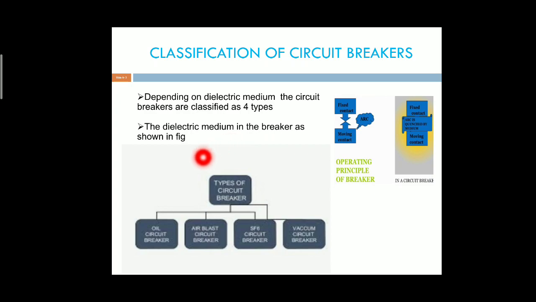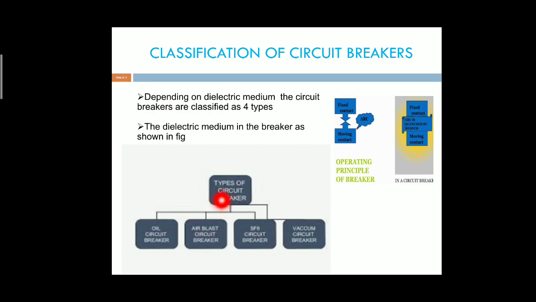Depending upon the dielectric mediums, the circuit breakers are classified into 4 types. Arc quenching is one of the major problems. That's why we are using the dielectric medium for arc quenching.